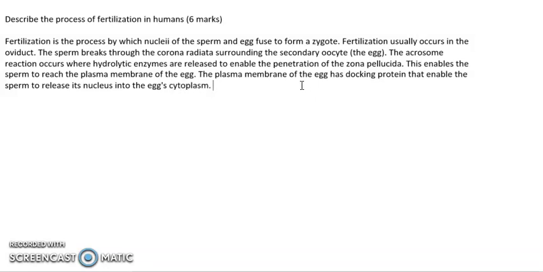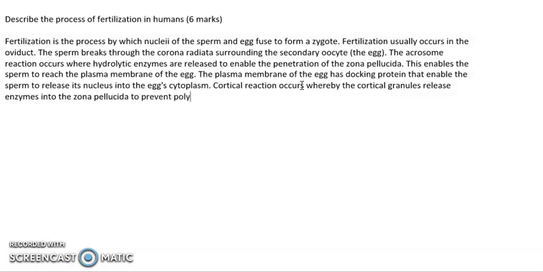Next, after the sperm nucleus enters the egg cytoplasm, the cortical reaction occurs, whereby the cortical granules release enzymes into the zona pellucida to prevent polyspermy.